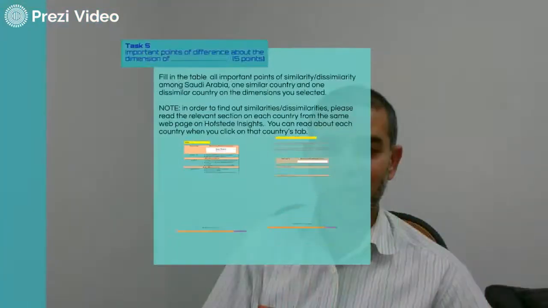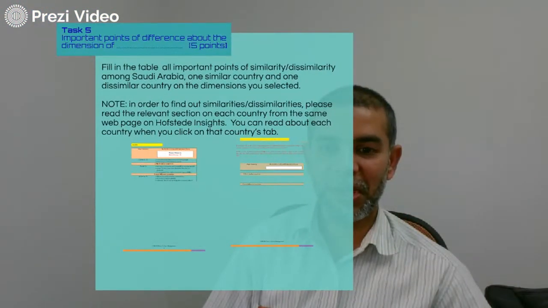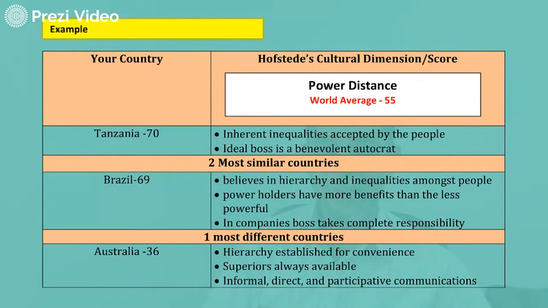So that is task number 4, and task number 5 is you have to write the important points of difference among these dimensions. See the example about one country. My country is Tanzania, one similar country is Brazil, another different country or dissimilar country is Australia. So you have to find out the key points on all these 3 countries, one similar country, one different country, and your country.